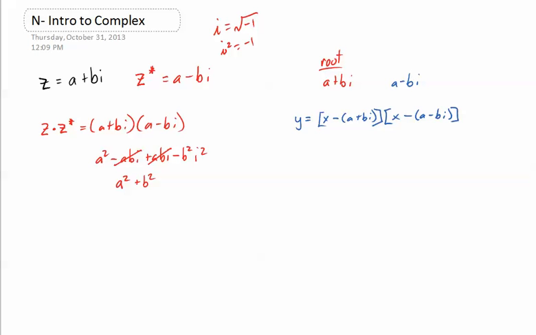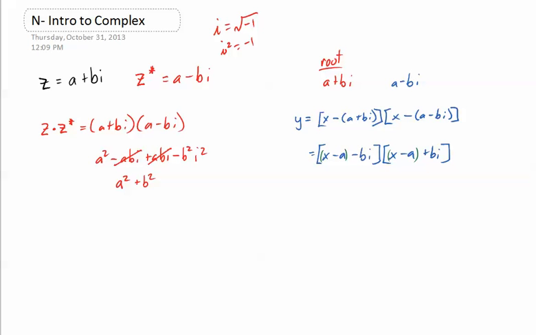From there, we can distribute the minus. So I'll have x minus A minus BI, and then x minus A plus BI. Now, you could FOIL this whole thing out, but it'll be much easier because I've got an x minus A at the beginning of both of those, if we treat that as one unit.